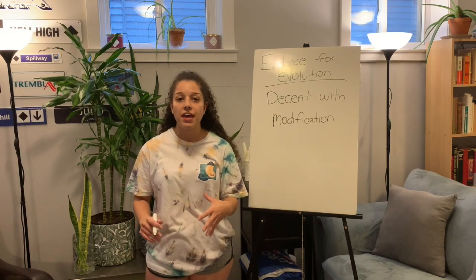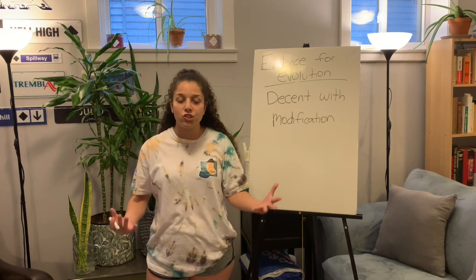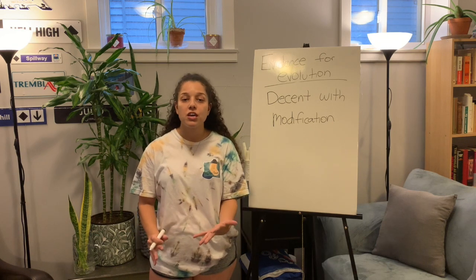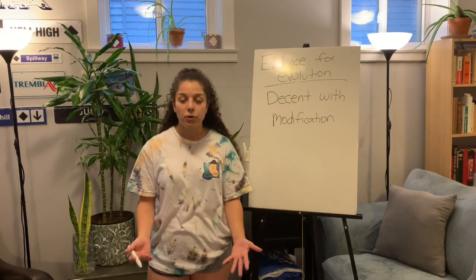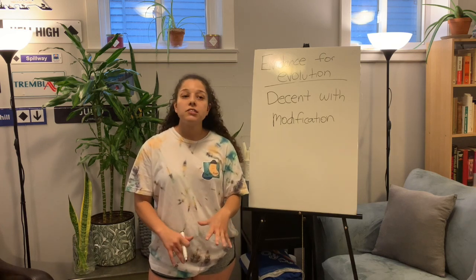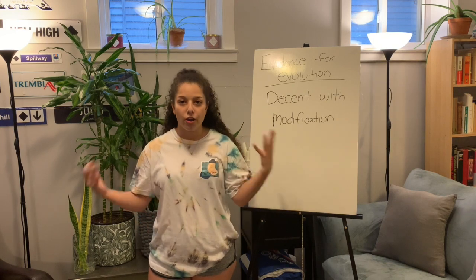And so he found that they survived best because they had better access to that food. And then over time, he found that the common beak length that began to be present was the thinner beak size. So that was that concept of not only evolution, but also descent with modification.